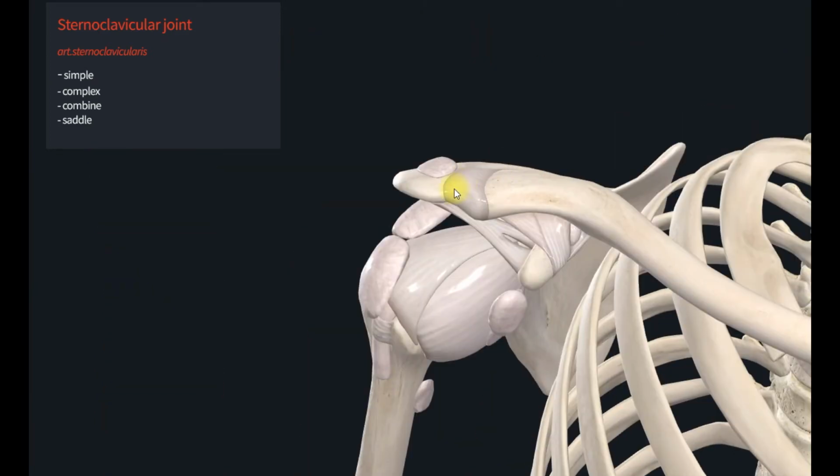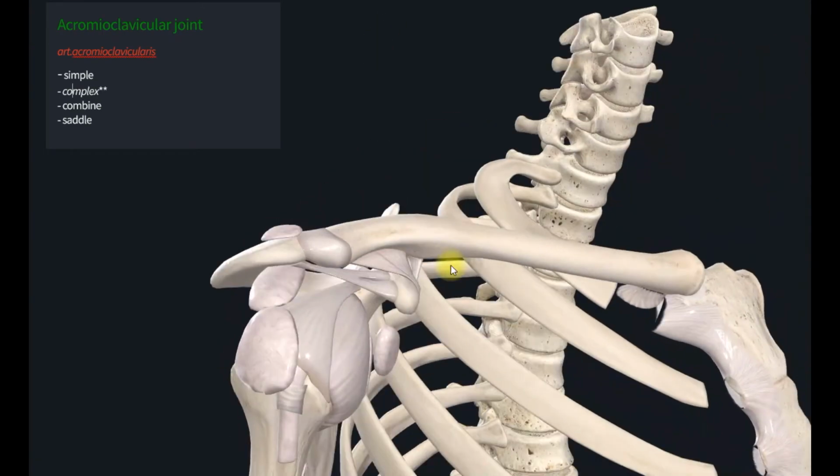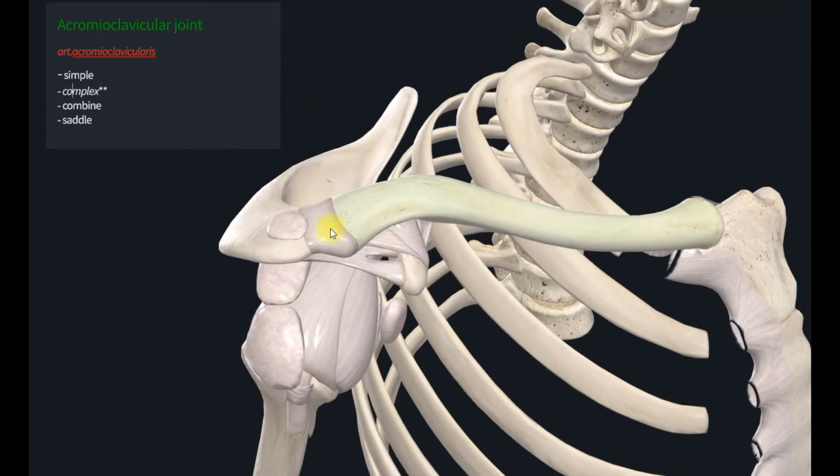The next joint of this region is the acromioclavicular joint. It is formed between the acromial process of the scapula and the clavicle. This joint is simple, and is also a flat type of joint, like the previous sternoclavicular joint.